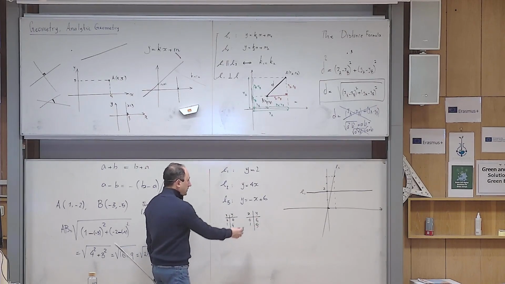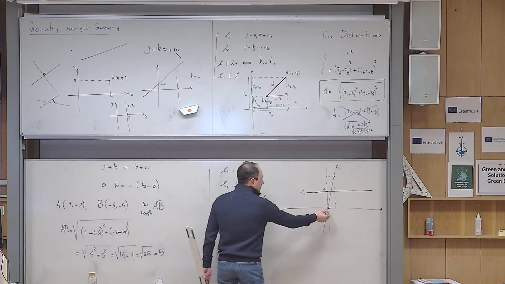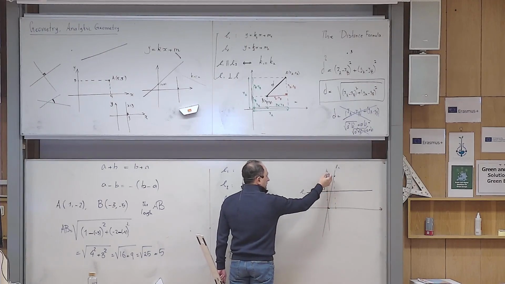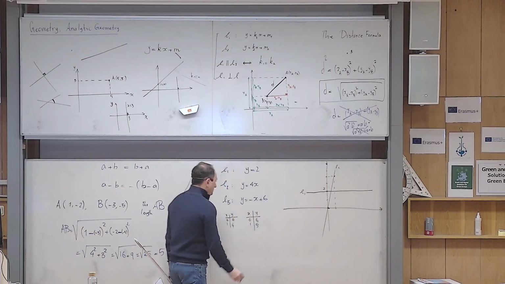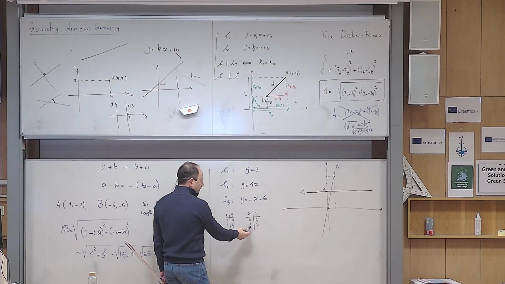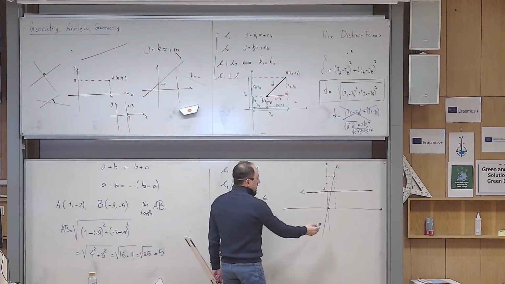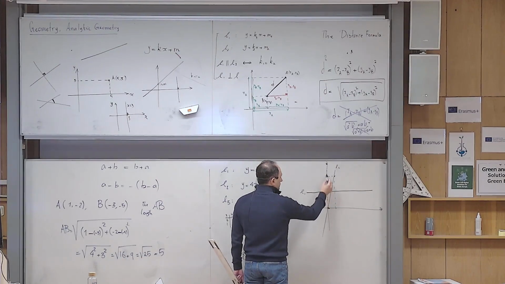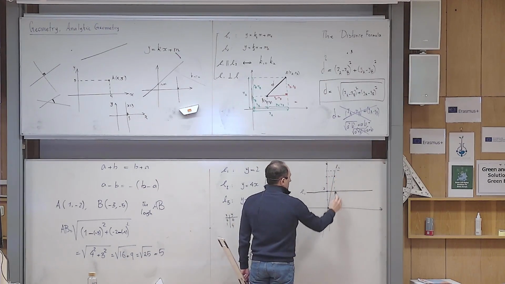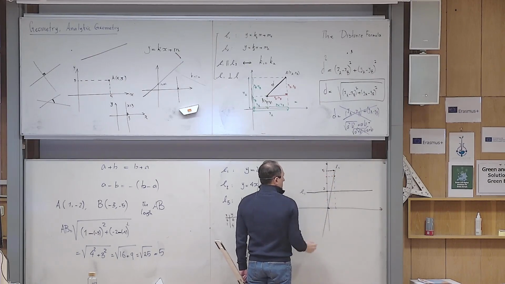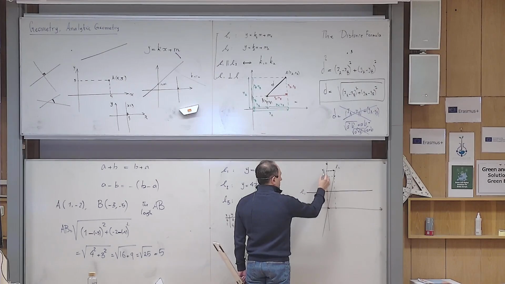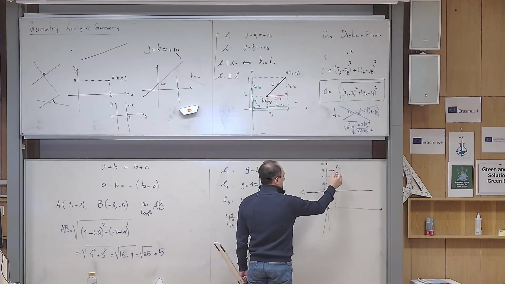So I need to find these 2 points, 0 and 6, and the other point is x 1, y 5. So this is 1, 2, 3, 4, 5 here. 3, 4, 5, and that one is 6.